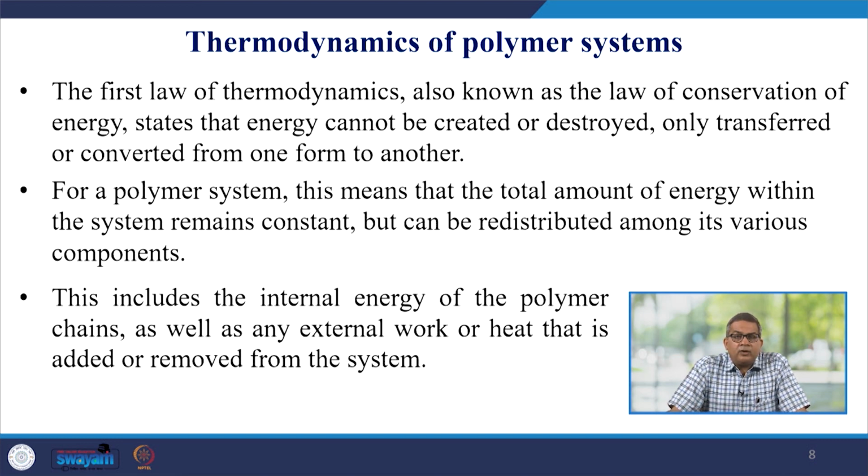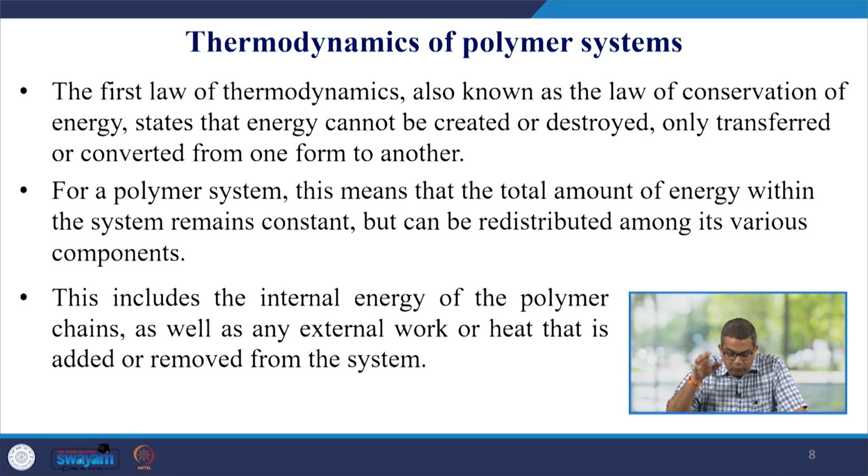One of the important laws is the first law. The first law of thermodynamics, which is known as the law of conservation of energy, states that energy cannot be created or destroyed, only transferred or converted from one form to another form. For a polymeric system, this means the total amount of energy within the system remains constant but can be redistributed among its various components.